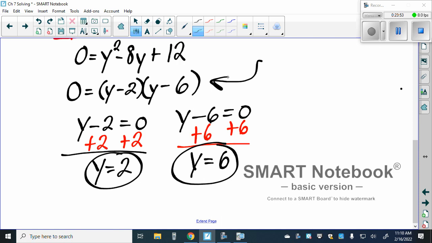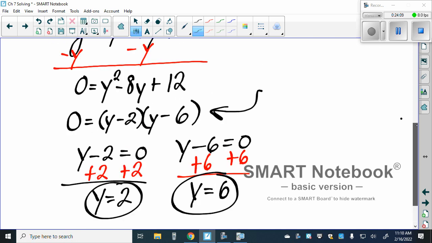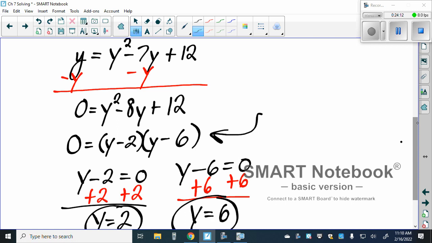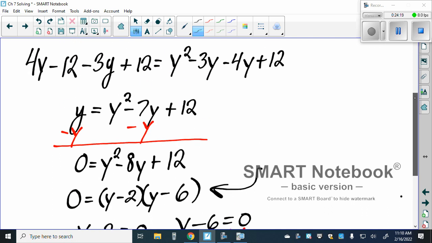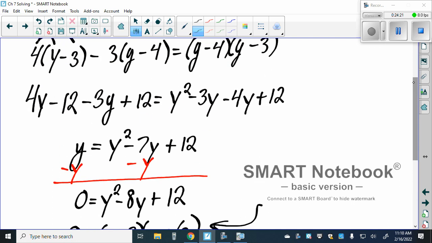No. That saves you a few seconds there, especially if that ends up happening 5 times over the test and it saves you 2 to 3 seconds. That's 10 to 15 seconds that you have for other problems. Or heck, if you could have graphed it and gotten there even faster, even more time. Because they are not going to actually go through and check your work. They're just going to look at your Scantron.